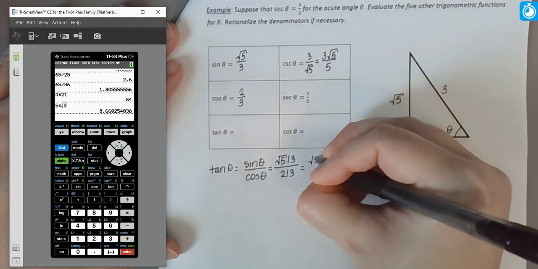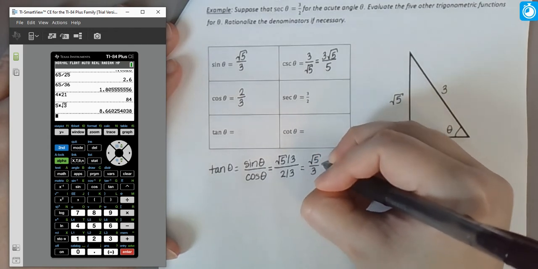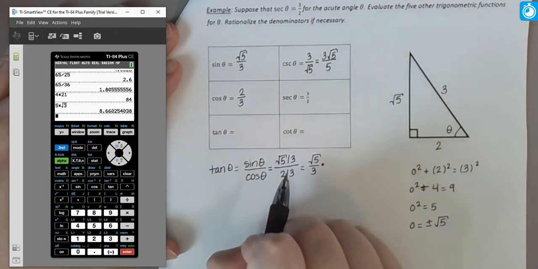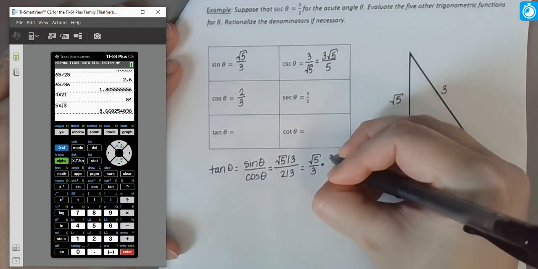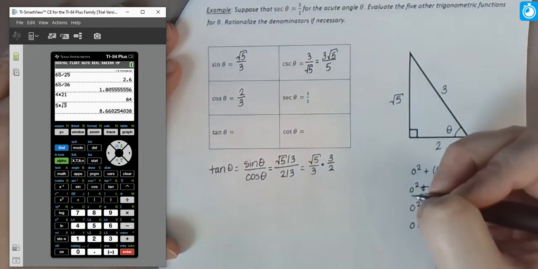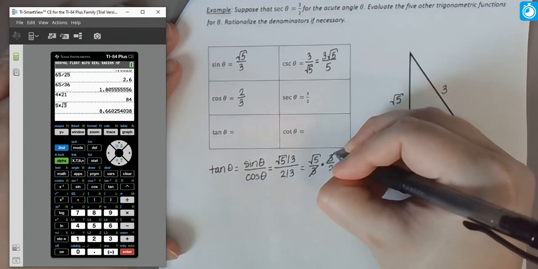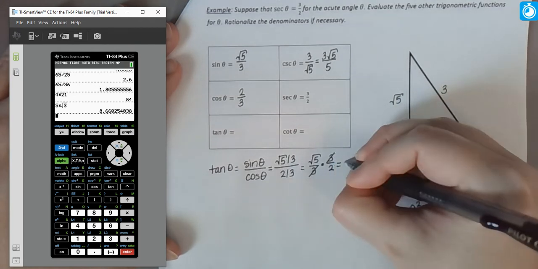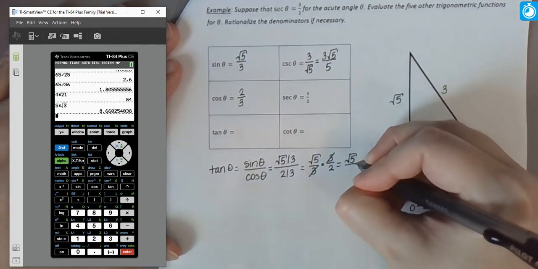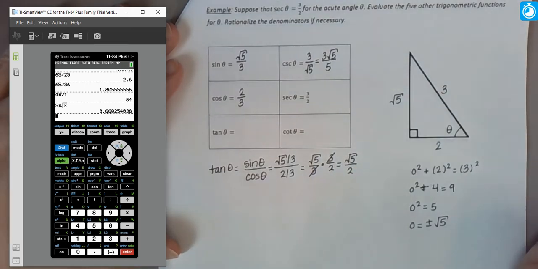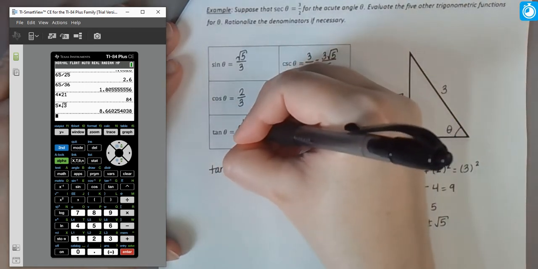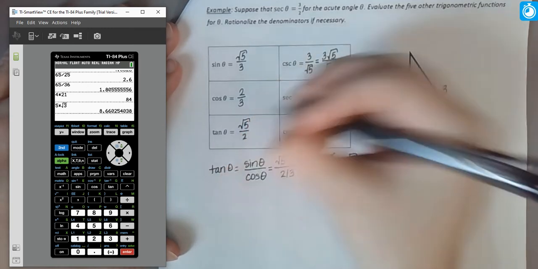If we want to convert to multiplication, we can do that. So that's going to be root 5 over 3 times the reciprocal of 2/3, which is going to be 3/2. And so our 3's cancel out, and we're left with root 5 over 2 is our value for tangent. So tangent is going to be the square root of 5 over 2.